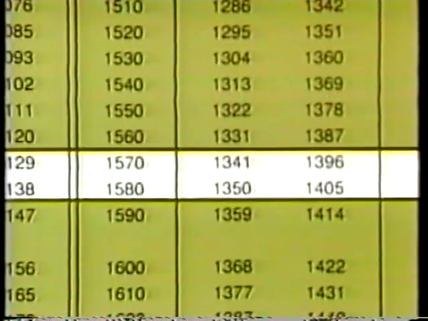With a takeoff condition of 1,579 pounds, we will use the moment values for 1,580 pounds to determine the minimum and maximum moment indices. Our moment index of 1,386 is between the minimum moment index of 1,350 and the maximum moment index of 1,405.